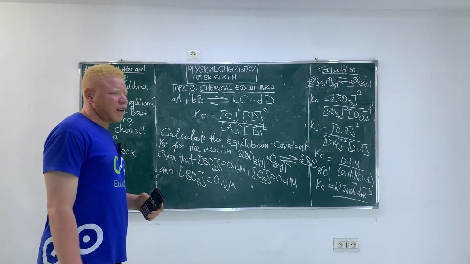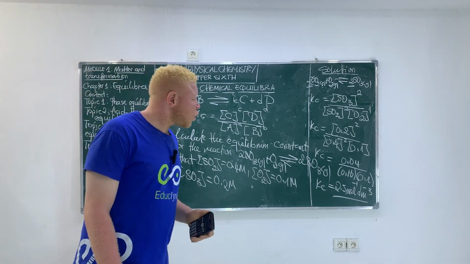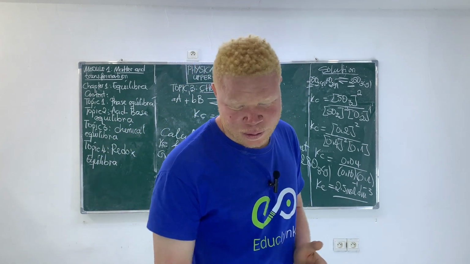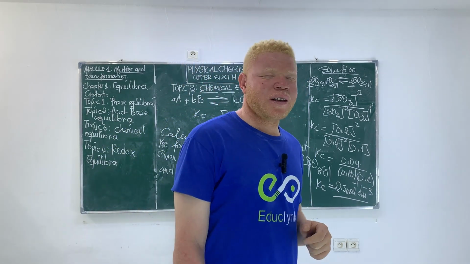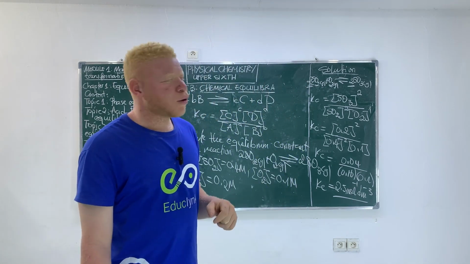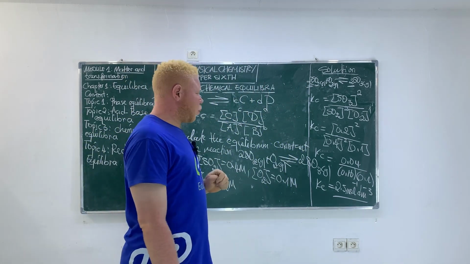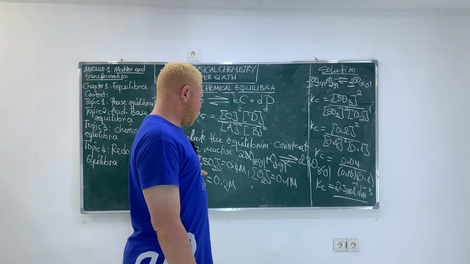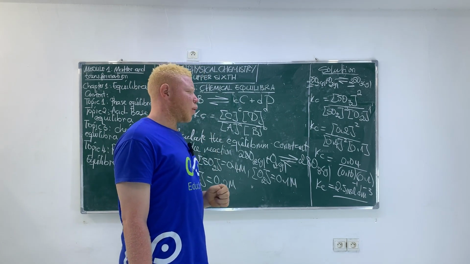So this was example 1. We'll have to solve example 2 also, so you can better increase your understanding of this equilibrium notion. But before that, let me brief you on example 1.